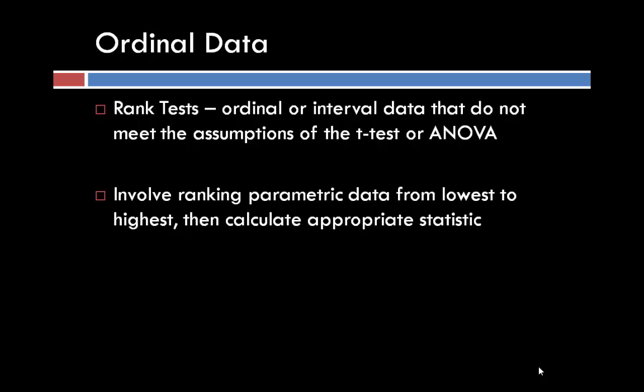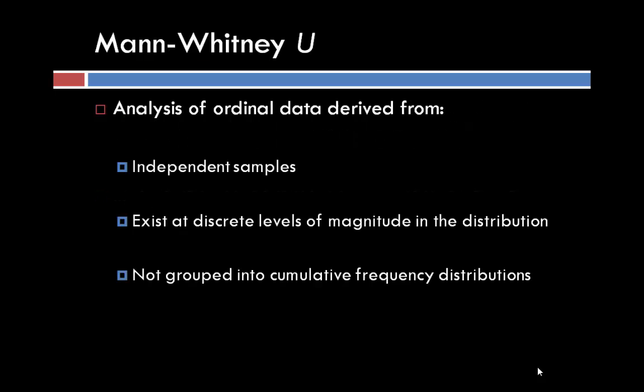And then this number is compared with a statistical table to assess possible statistical significance, much like we did when calculating our T and F statistic for the t-test and ANOVA, and then comparing these test statistics with a critical value from their respective tables.